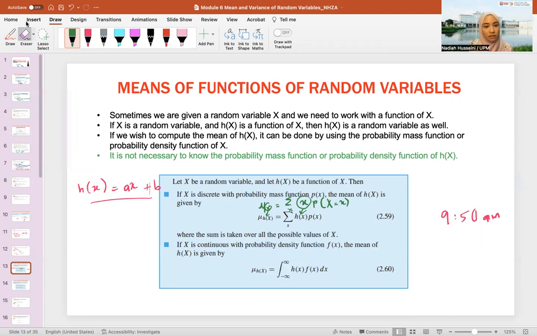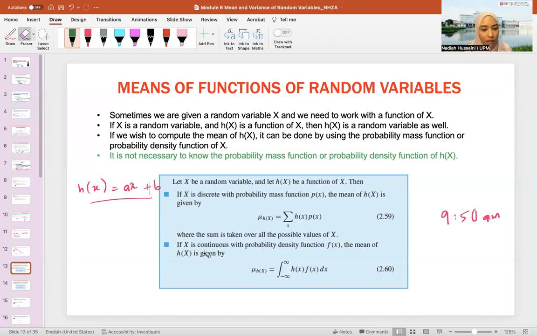The function is not going to be just x. It's going to be something more elaborate, for example, pi x over 4 or 2x squared plus 3. As long as there is an x in the function, it will be h(x). So you need to plug into this equation. Let's see how we can use this equation to solve our misery.